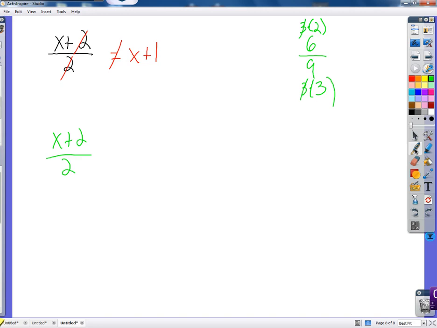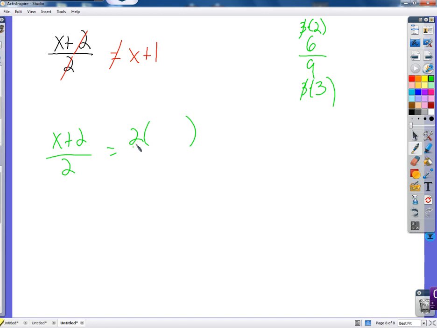We couldn't fill in those parentheses. 2 is clearly not a factor of x plus 2 because when we went to write it as 2 times something, which is what needs to be true if 2 is a factor, we couldn't fill it in. We couldn't put things in here so that when we distributed the 2, we wind up with x plus 2. Okay? So 2 is not a factor of the numerator.